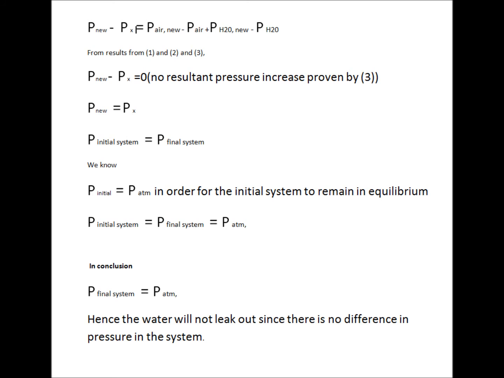Since the pressure of the final system is equal to the pressure of the initial system, and the pressure of the initial system equals the pressure of the atmosphere, the pressure of the final system is also equal to the pressure of the atmosphere. Since there is a balance of pressure, the water will thus not leak out.